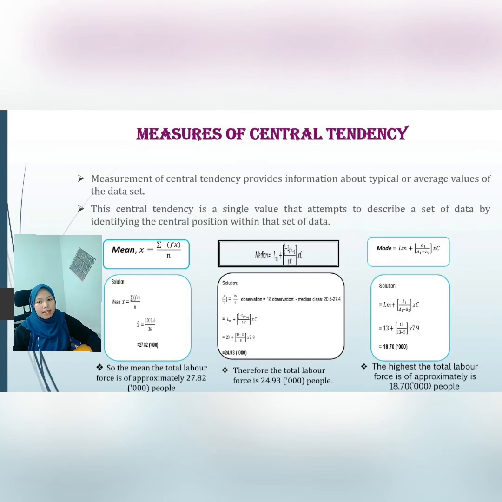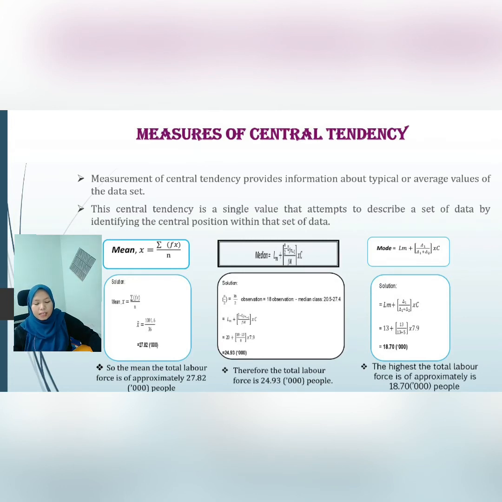Okay, the next is median. What is a median? Median is the number in the middle when they are in order. For the median, first we must know the median class. To get the median class, we use n divided by 2. So 36 divided by 2 is 18 observation.